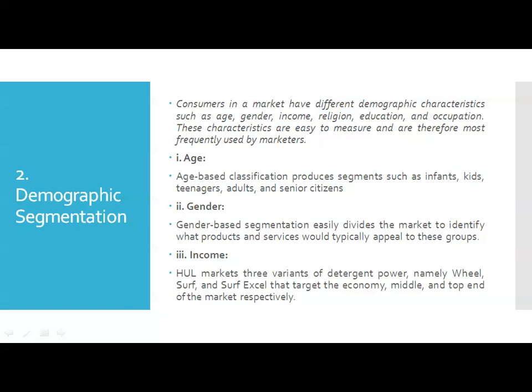So Wheel is for the economy class, Surf for the middle class and Surf Excel for top-end customers. It would be wrong to assume that people with high income are only buying luxury cars or only buying premium products.